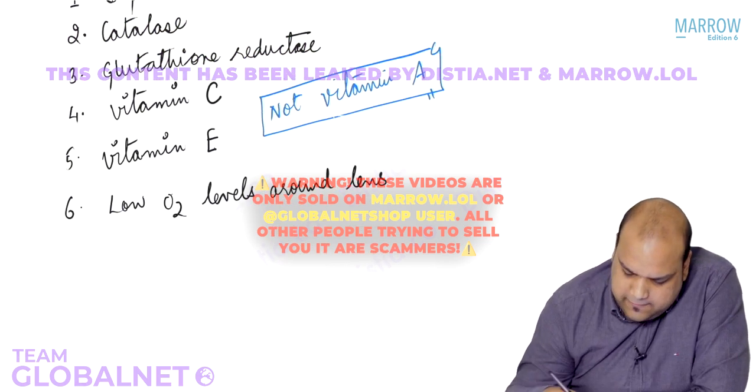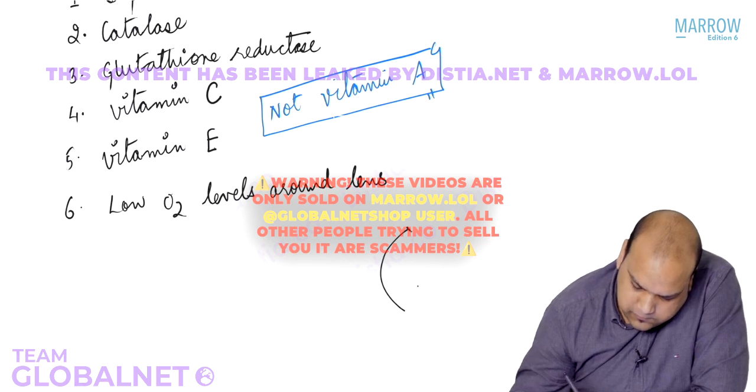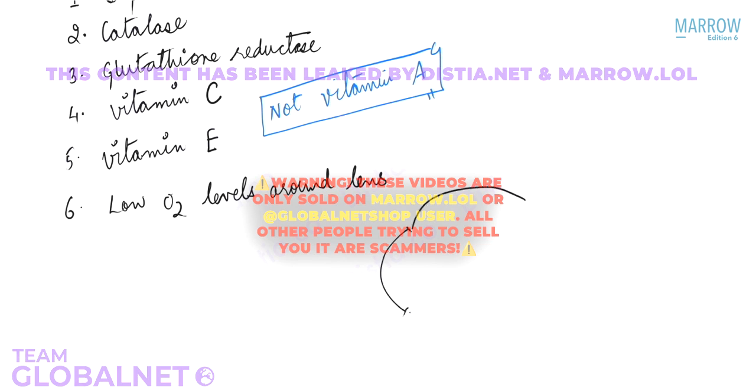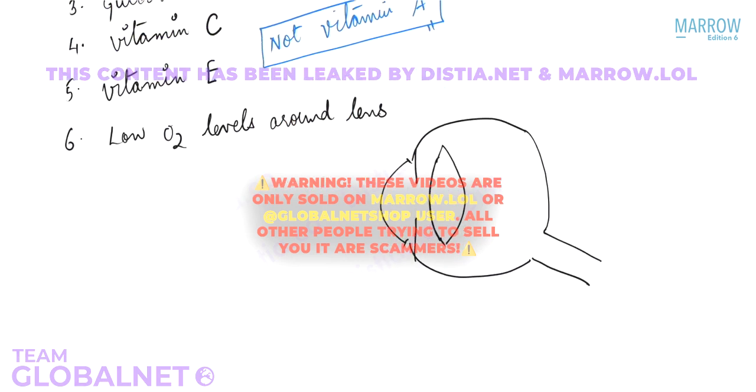So what do I mean by this, everybody? See again the cut section. We know that the lens is avascular. Yes, avascular means no vessels. No vessels mean no blood means no oxygen.